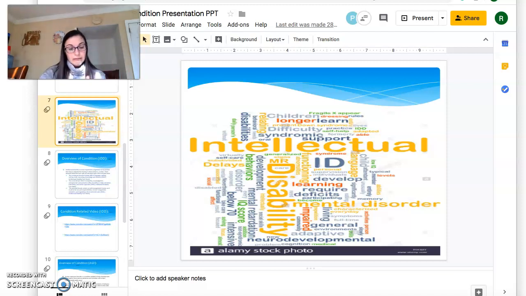And the second part is the adaptive functioning, which is failure to meet developmental and social standards for personal independence and social responsibilities. And then the third criteria is the onset of intellectual disability and the adaptive piece of it. Again, we went over the different ways that an individual can be diagnosed, which includes the mild, moderate, severe, and profound.